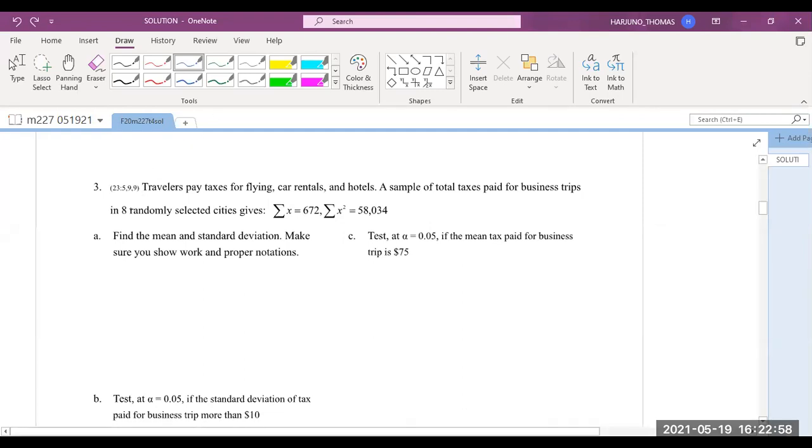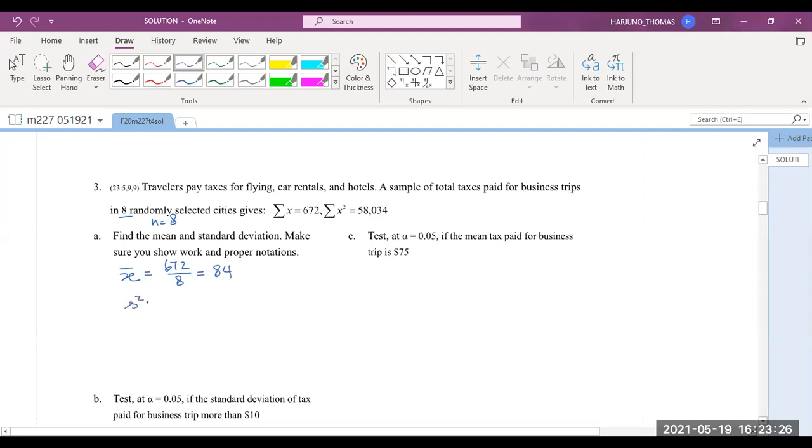So n equals to 8, right? Now find the mean and standard deviation. Make sure you show work and proper notation. That's from sample, right? So x bar equals to 672 over 8. That is 84.